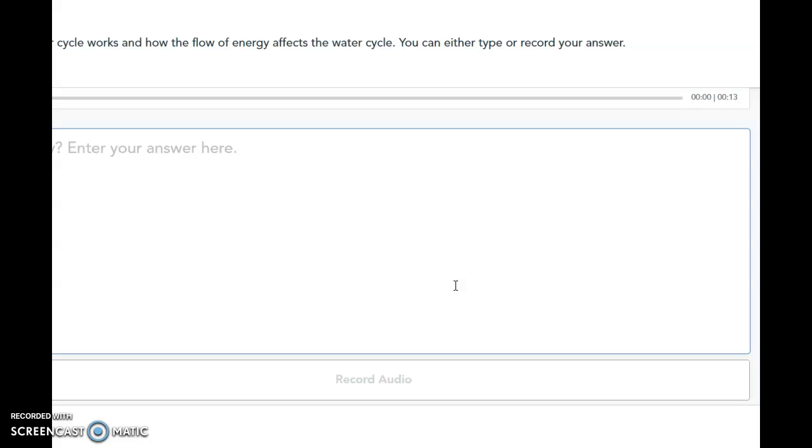This allows for accessibility for students that either may not be able to type or students who can just explain themselves better through words. They have a couple of different options here. And this will allow teachers to understand where their students are in understanding the content.